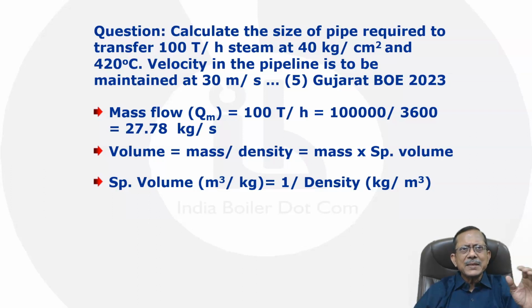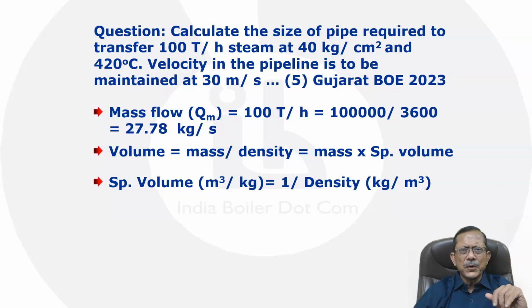Now in this case, I'm having a steam at 40 kg per centimeter square and 420 degrees centigrade. Now here I can find out the specific volume of the steam from the steam table, right? In one other lecture, if I can manage, I'm going to explain how the steam table can be used, how the specific volume can be calculated by using a steam table.